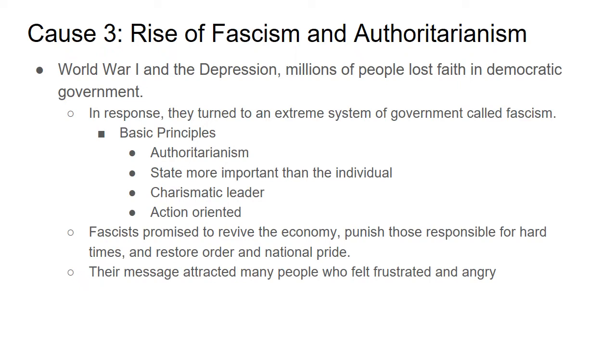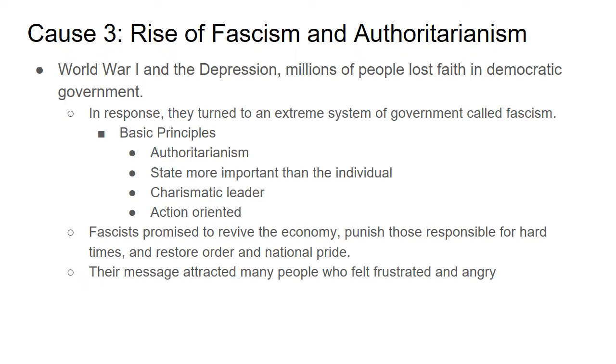And we need to be strong, and strong leadership is what is going to fix this and bring the people out of this time of suffering. Lots of people were losing their faith in democratic government. They saw this as kind of a failure of this experiment. And the response to this, in many cases, was to turn to fascism or to authoritarianism.